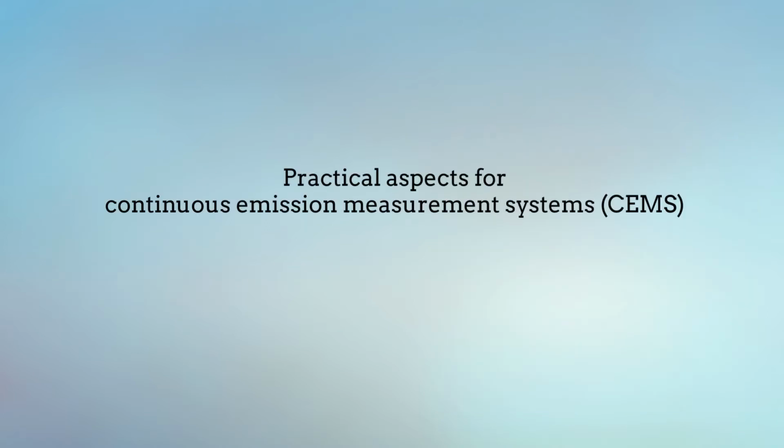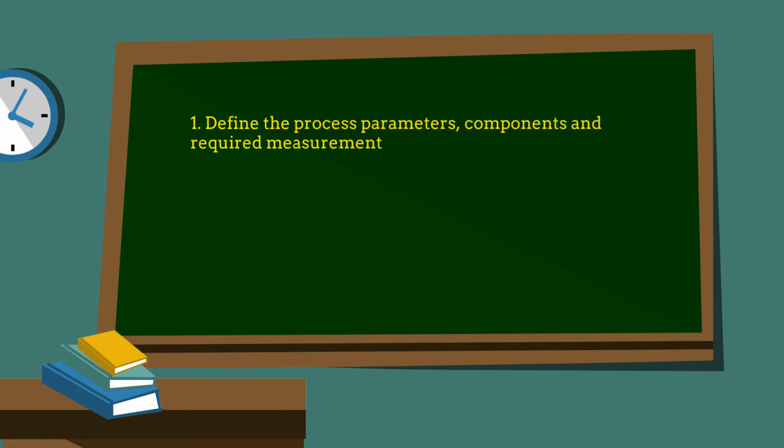Next, you will get some practical advice for continuous emission measurement systems. Firstly, define the process parameters, components and measurement ranges. Secondly, classify the valid regulations and directives.